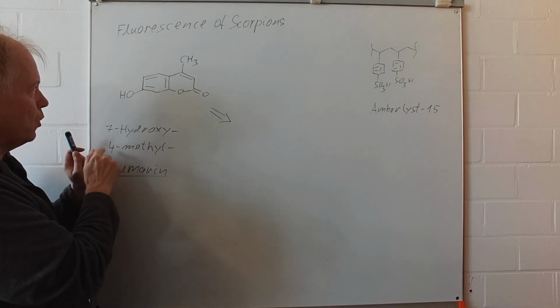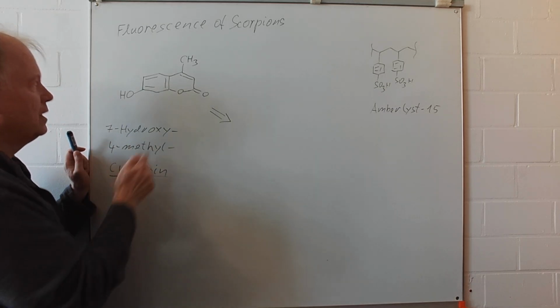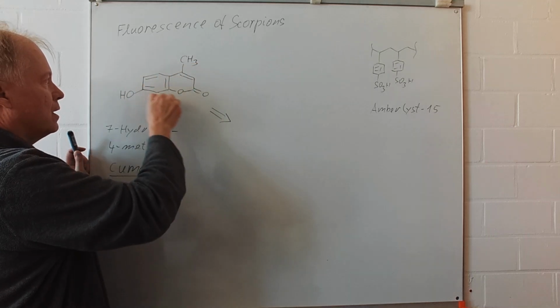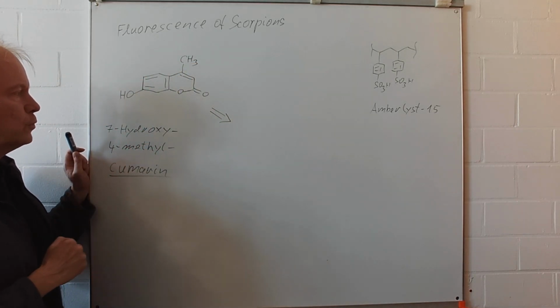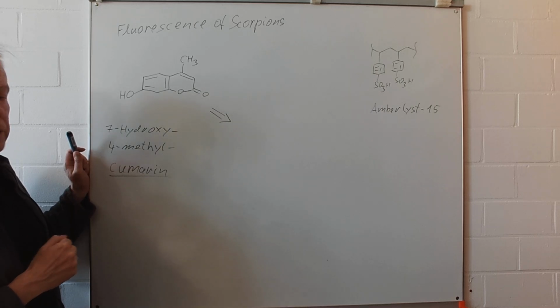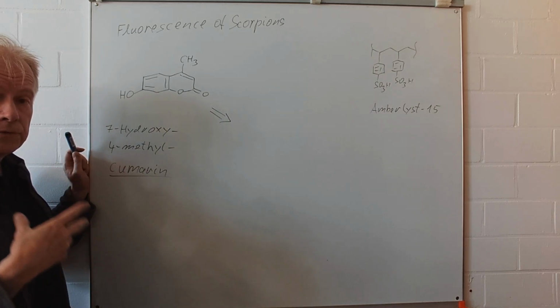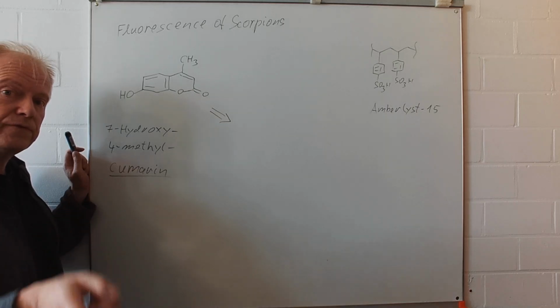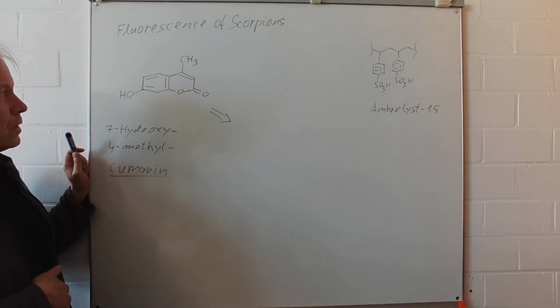Well, it is called a 7-hydroxy-4-methyl coumarin. This central part here is the typical coumarin framework. Please try to develop this retrosynthetic analysis by yourself first, then listen to the solution which I will offer.